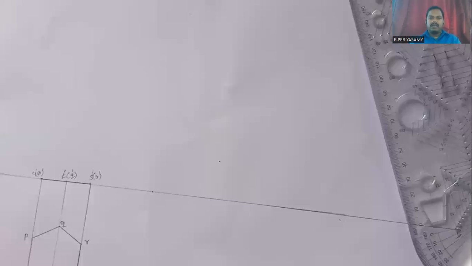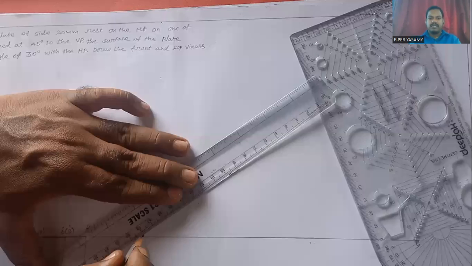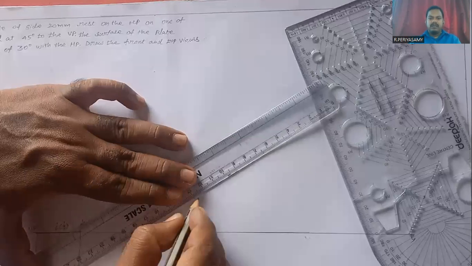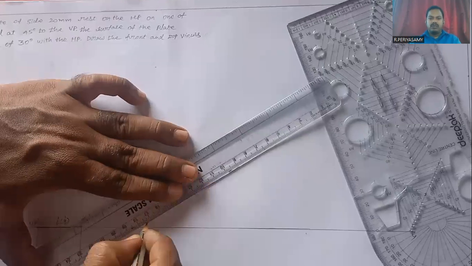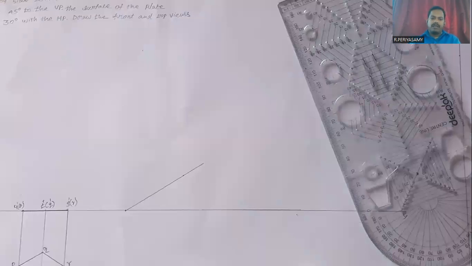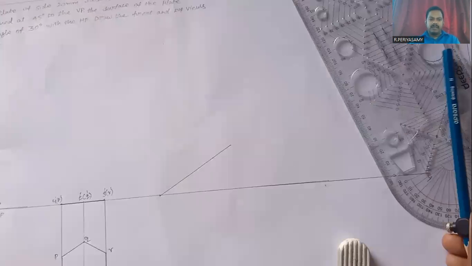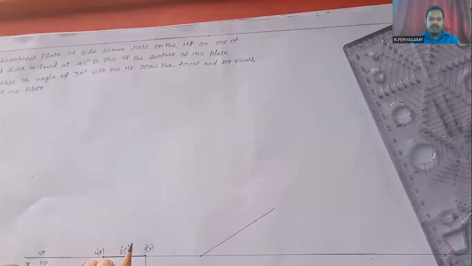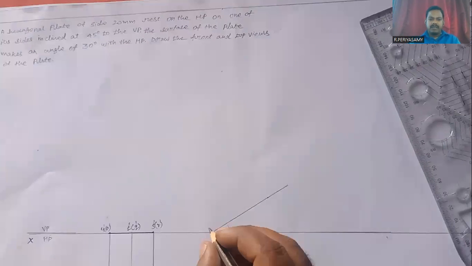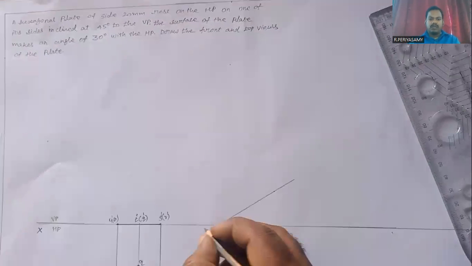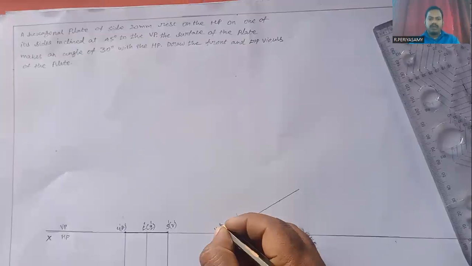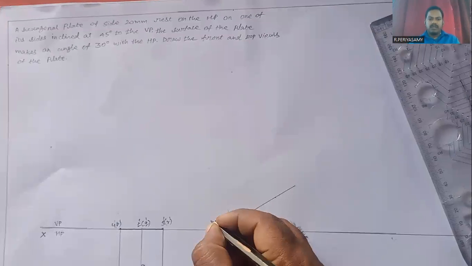Next, we draw the 30-degree inclination line. Then we mention its front view points on the 30-degree inclination line. Here the base point is U dash P dash. Here we mention U1 dash P1 dash. That U dash P dash line is here mentioned as U1 dash P1 dash.